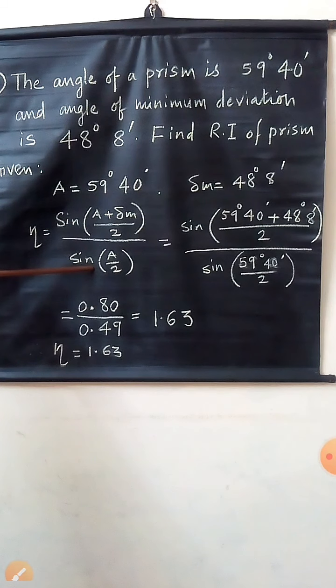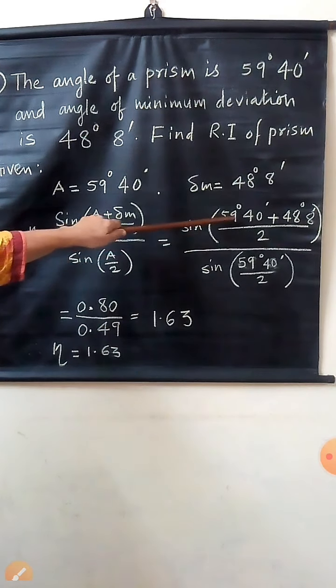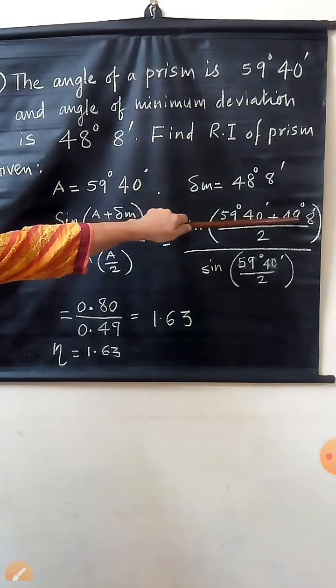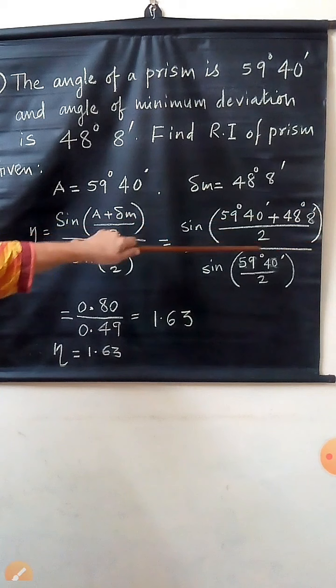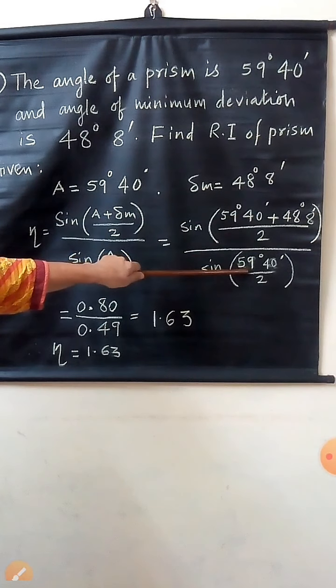Now substituting the values of A and delta M in this equation, this will give you sine of (59 degree 40 minute plus 48 degree 8 minute) divided by 2 upon sine of 59 degree 40 minute divided by 2, where this is again A, the angle of the prism.